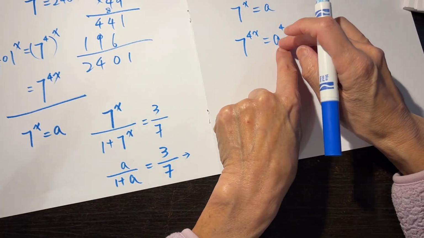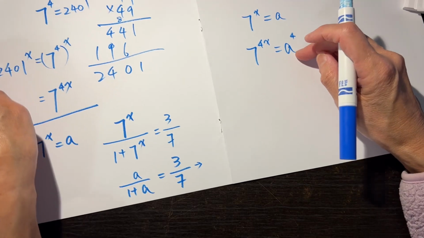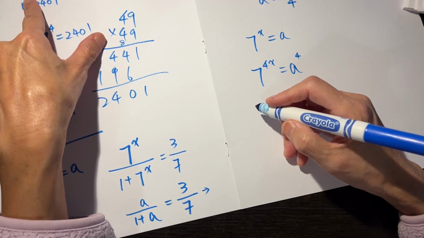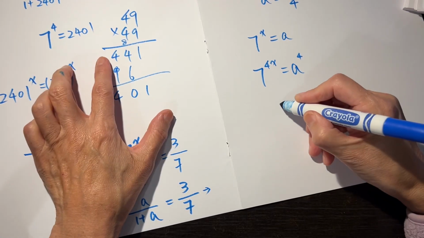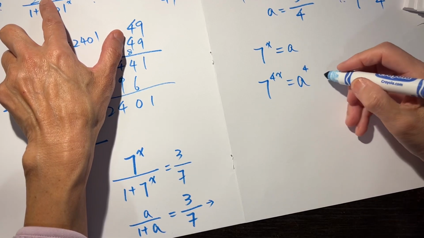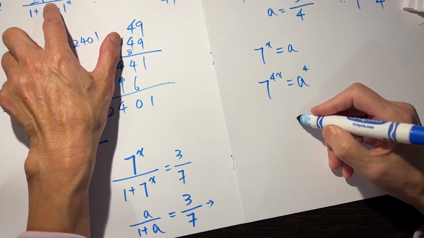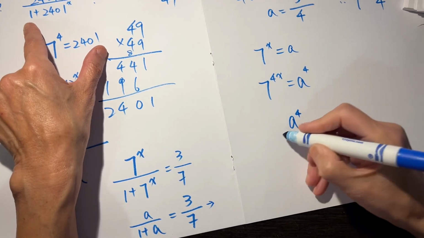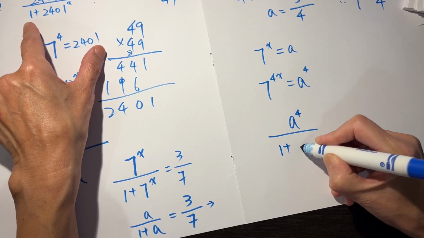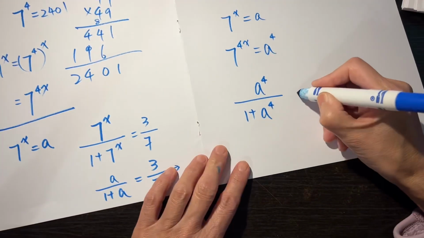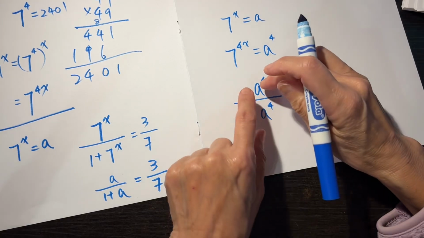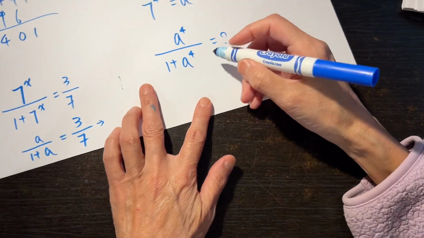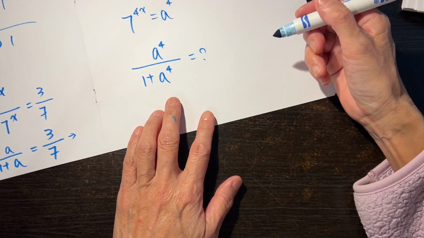Now we plug this number back into the question. So 2401 we can write as a to the power of 4, over 1 plus a to the power of 4, equal to how many? We know a, so it becomes easy, right?